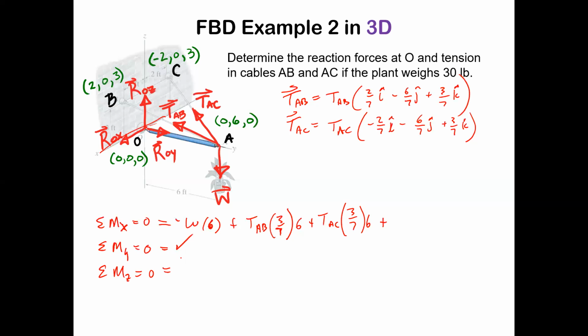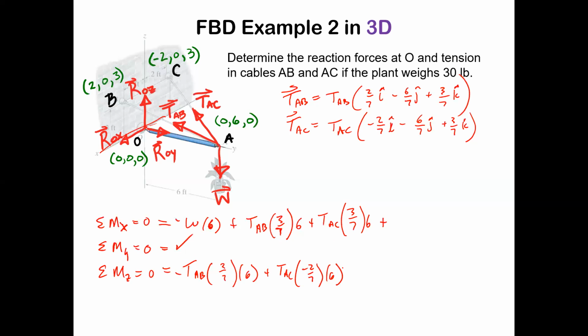So that's just a way of looking at these things. And so you could have TAB times 2/7, and that moment arm is going to be 6 again. That's going to give us a negative moment about the z-axis, and then TAC times minus 2/7 times 6.